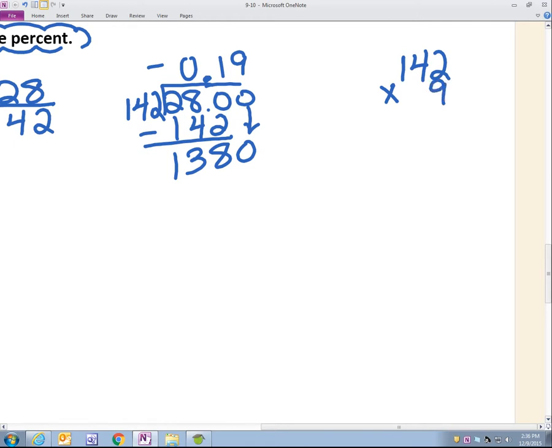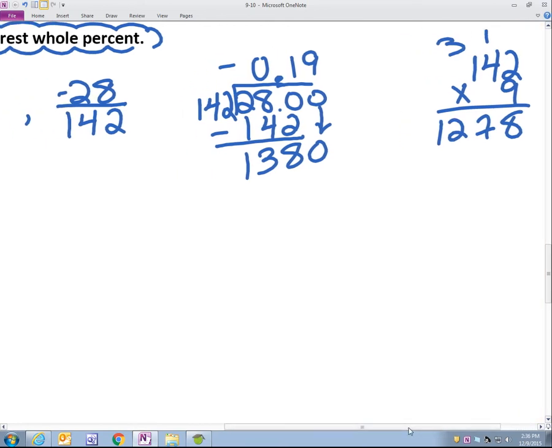142 multiplied by 9. We are not going to finish. 142 divided by 9, we got 36, 37. 9, 12, 12, 48. 12, 78. That's 0, that's 1, 102.